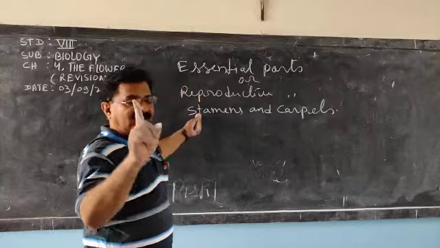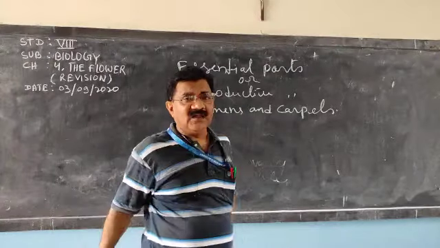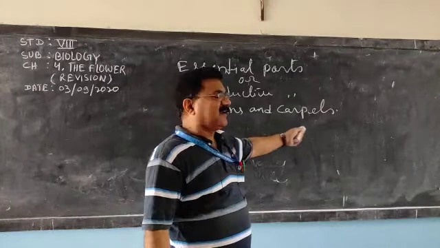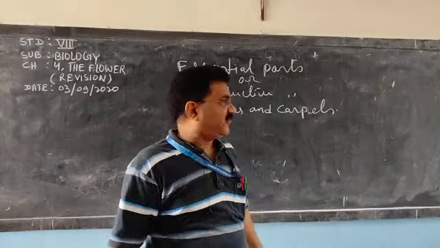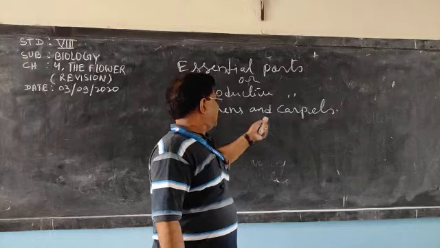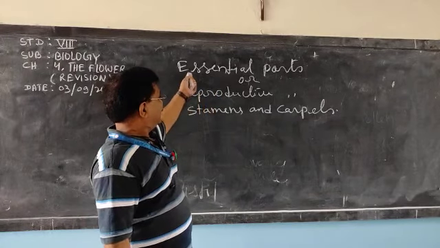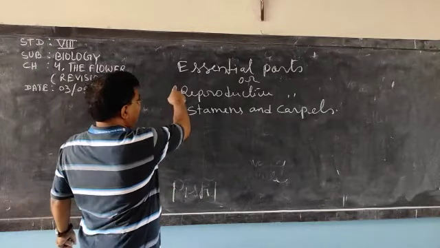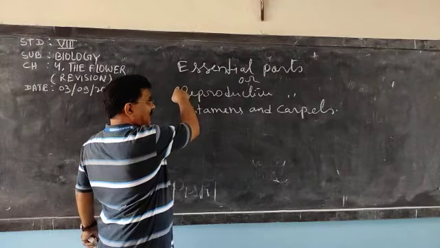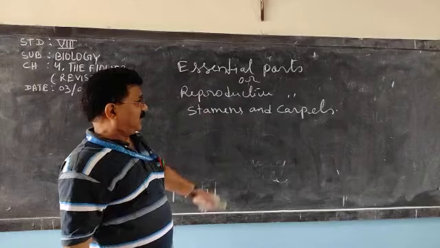Stamen is the male unit and carpel is the female unit, meaning androecium and gynoecium. They are the essential parts, and their function is to be directly concerned with reproduction.